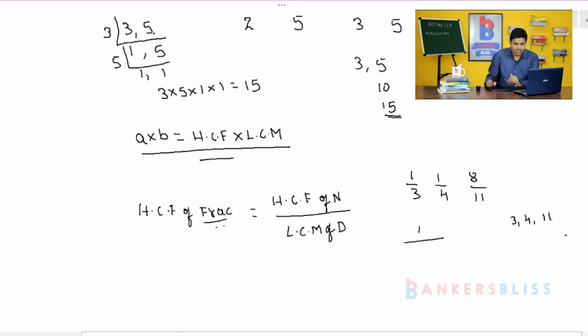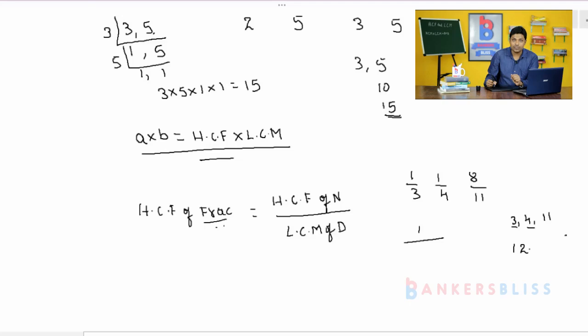Take the two numbers 3 and 4. What is the LCM? 3 is a prime number, so directly multiply 3 by 4 and you get the LCM. If any one of the numbers is prime, you can directly multiply the numbers to get the LCM. So 3 into 4, 12.